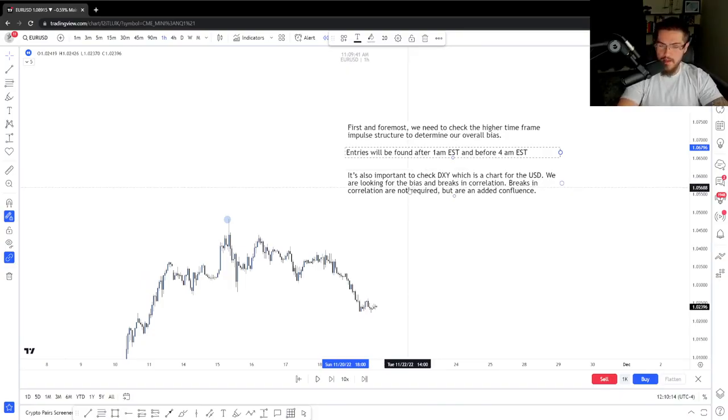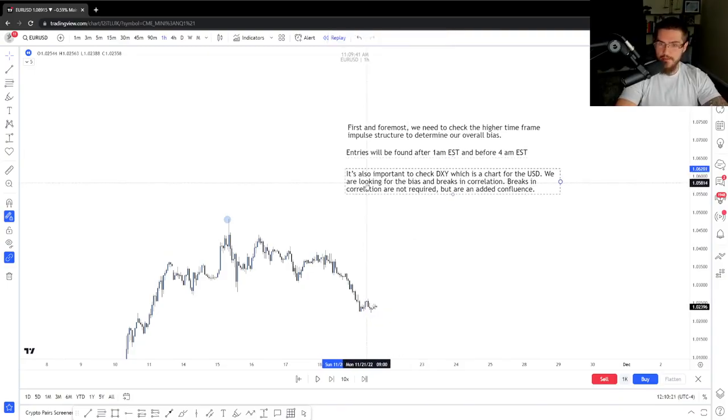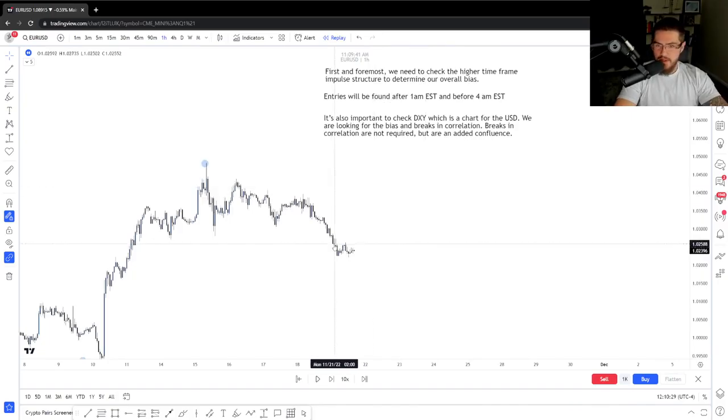Because with Forex, especially pairs with the dollar, you need to pay close attention to the dollar, because it can easily save you from taking a bad trade if you allow it to. So, once we have established that the euro is somewhere it's likely to be bullish, and the dollar is somewhere it's likely to be bearish, then we're going to start looking for our overall trade setup.